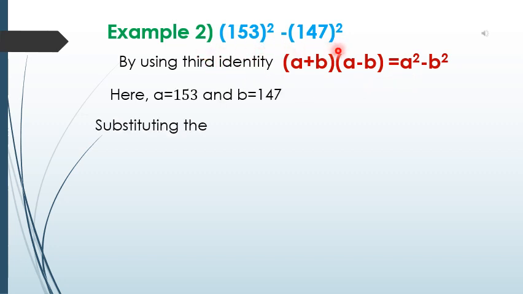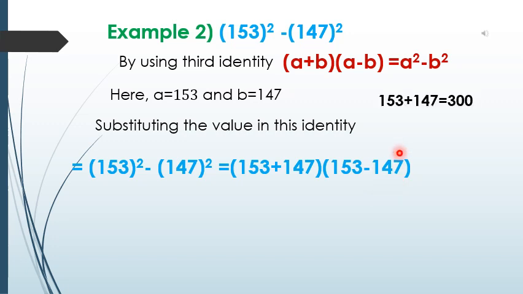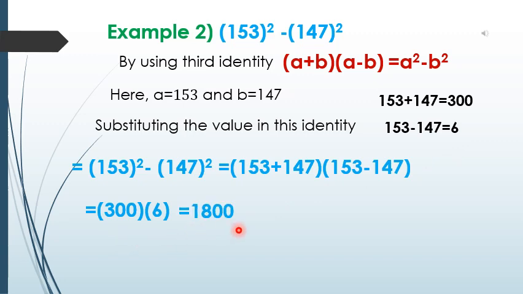Now substituting the value, 153 whole square minus 147 whole square is equal to (153 plus 147) into (153 minus 147), which is equal to 300 into 6. Therefore, the answer is 1800.